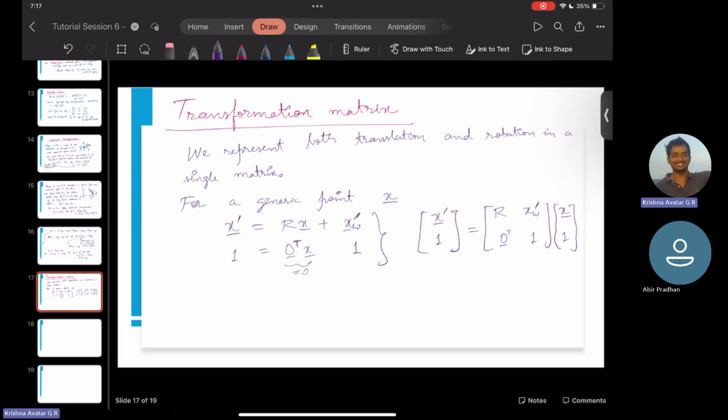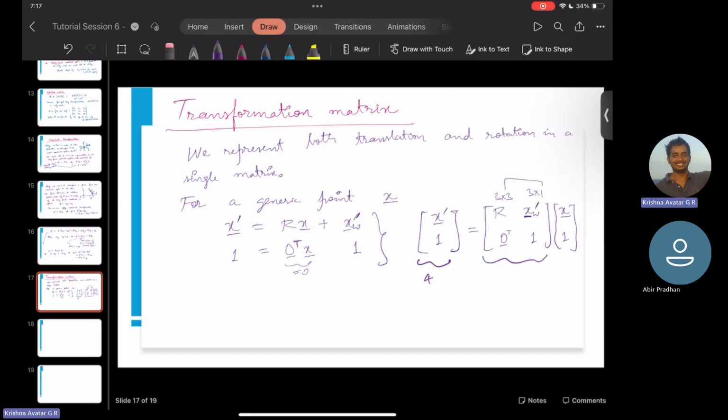So let's look at the first equation. X prime is equal to R x vector plus xw prime vector. And for the second entry, we have 1 is equal to 0 transpose x vector plus 1, which is nothing but 0 plus 1, right? So this is a vector of size 4, and R is 3 by 3, and x prime is 3 by 1.